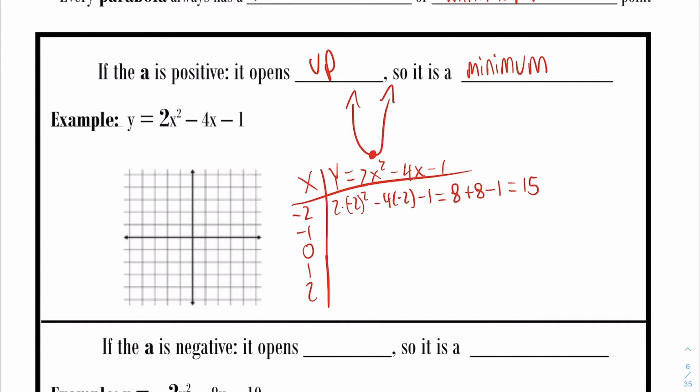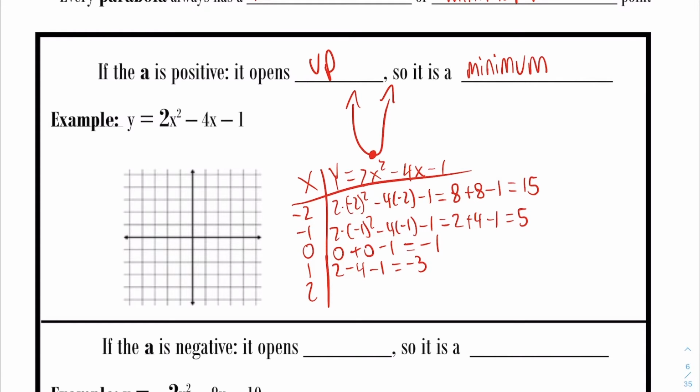That's 15. 2 times negative 1 squared minus 4 times negative 1 minus 1 equals 2 plus 4 minus 1 equals 5. 0 is easy because it's 0 plus 0 minus 1 equals negative 1. And 1 is also easy: 2 minus 4 minus 1 equals negative 3.